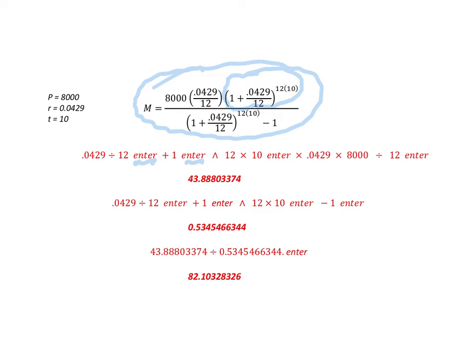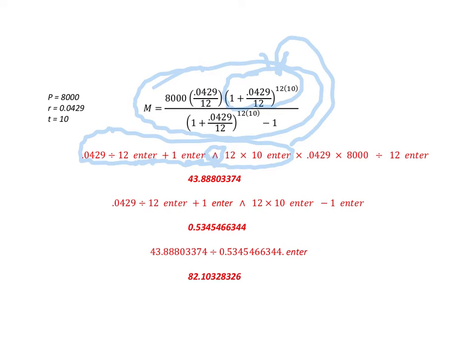Then you hit this upside down V, which is the power key, and that's going to raise everything to the 12 times 10 power, and then you hit enter again. So this portion right here corresponds to this portion right here, okay?